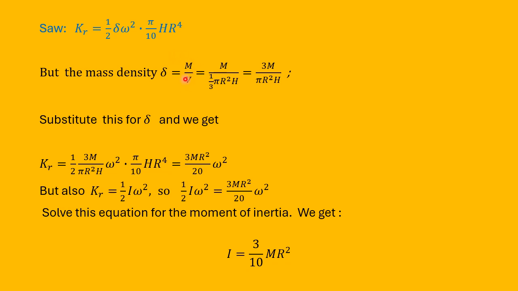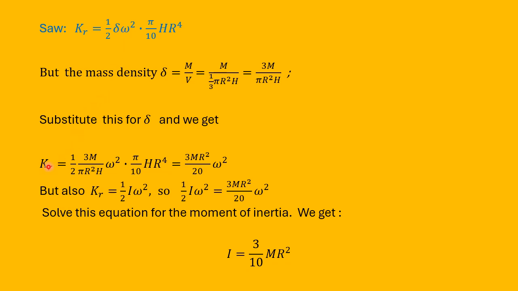Let's recall that we're assuming that the cone has a uniform mass density. Well, the volume of a cone, you learned in geometry some time ago, I guess, 1/3 pi r squared h. So this fraction simplifies to 3m over pi r squared h. So we're going to substitute this value for delta into the formula up here for that kinetic energy of rotation.